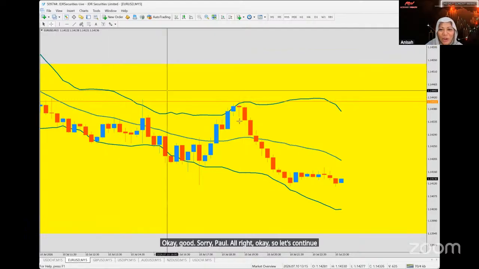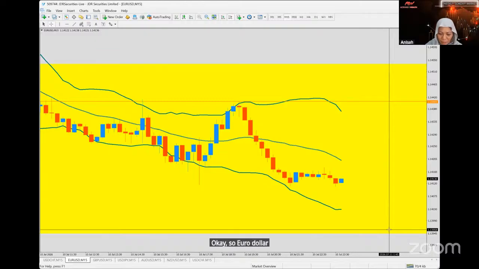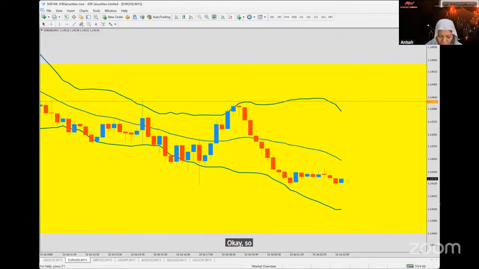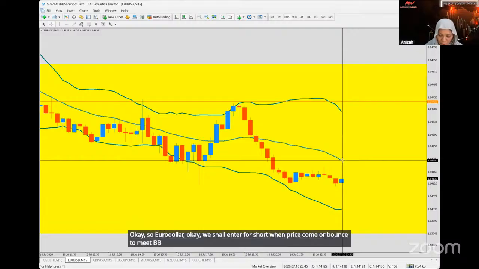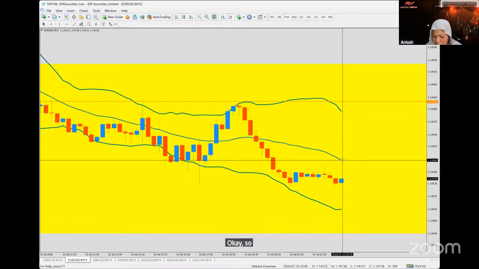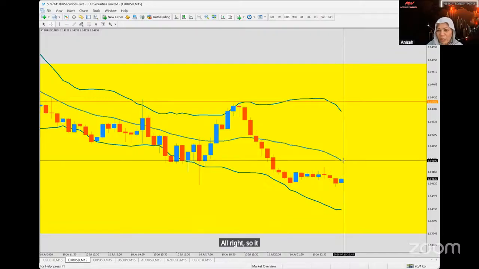Okay, so euro dollar. We shall enter for short when price comes or bounces to mid BB, or enter at 1.1499. So it's about there. It doesn't have to exactly hit BB.